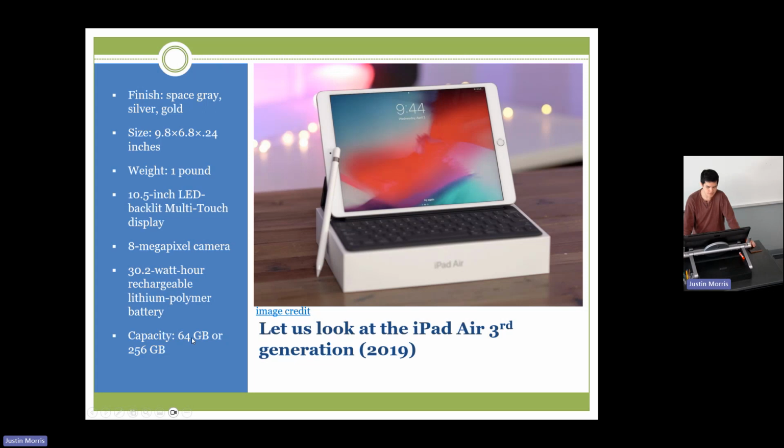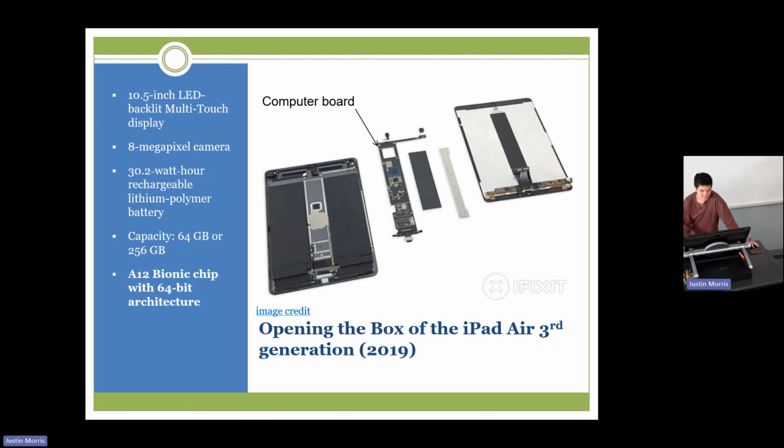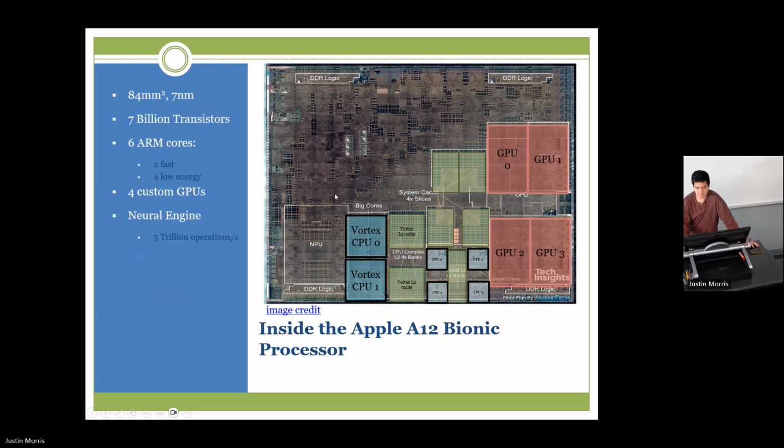Your capacity is pretty low for the time, but if you pay double the price, you can get a little bit more capacity. Inside you have your computing board, and on that board is the A12 Bionic, which implements ARM. And this is what I want to show you.